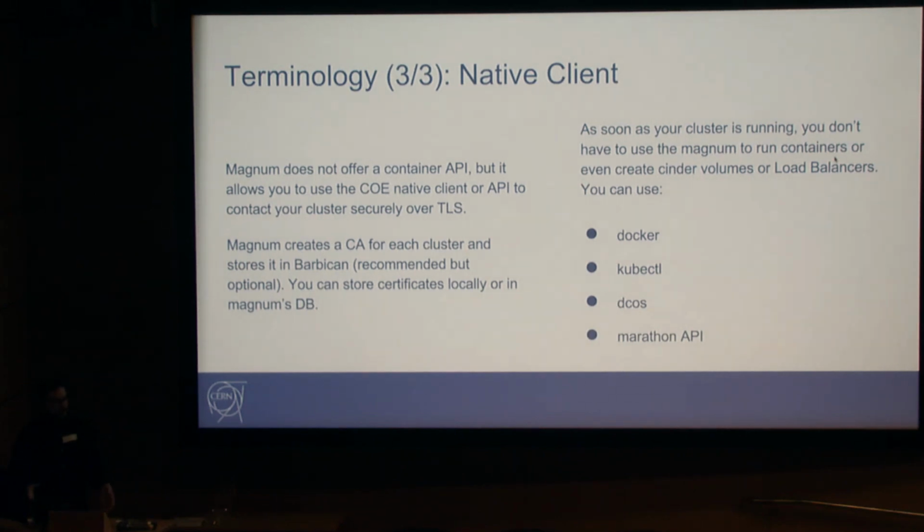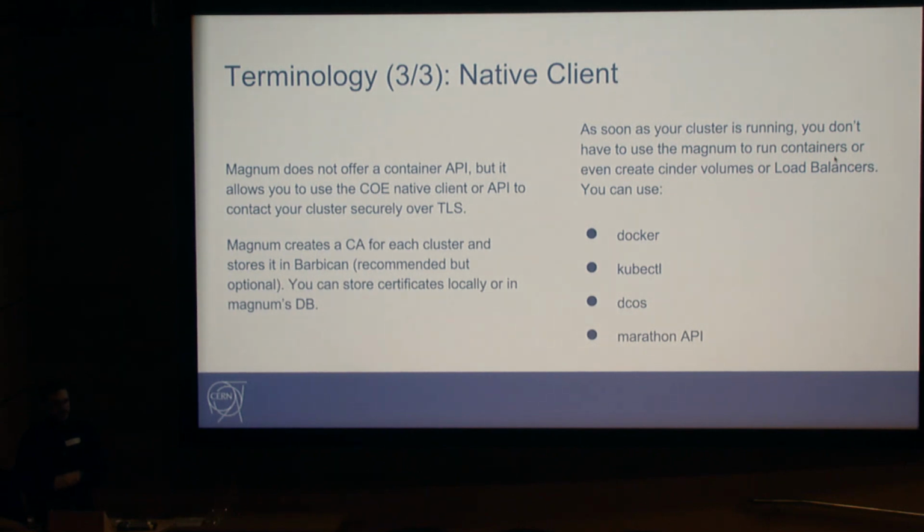A very strong point of Magnum that didn't start like this in the beginning is that now we support only the native COE clients to create containers and other objects in the COE terminology. That means that Magnum creates the cluster for you.